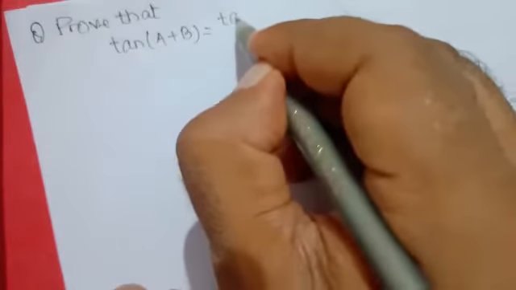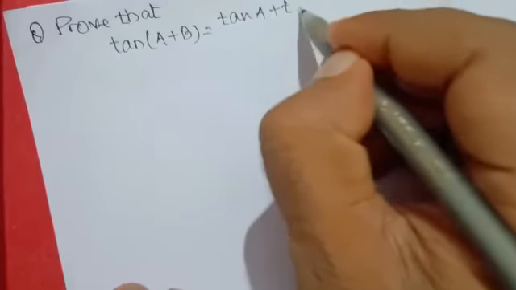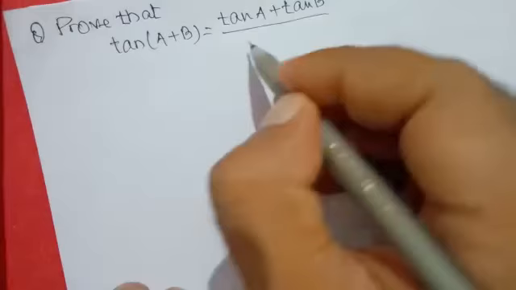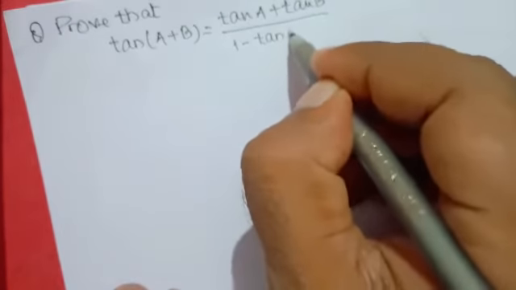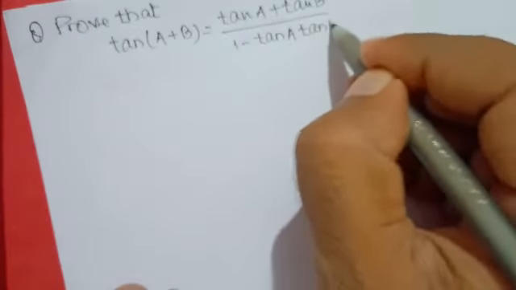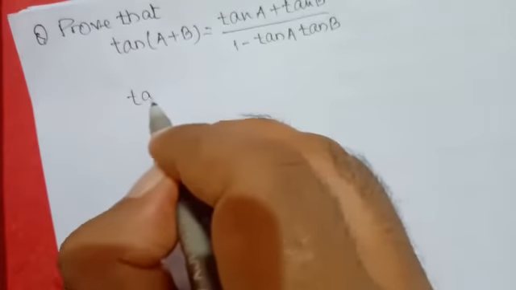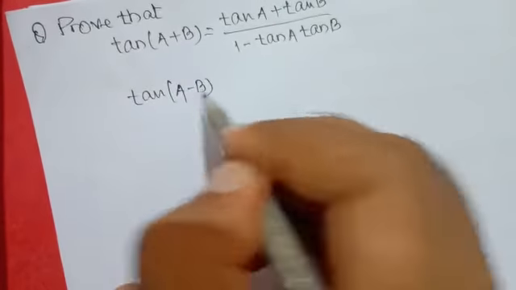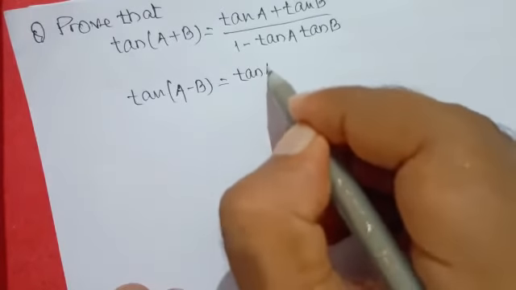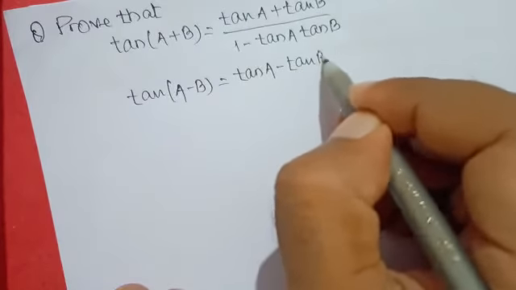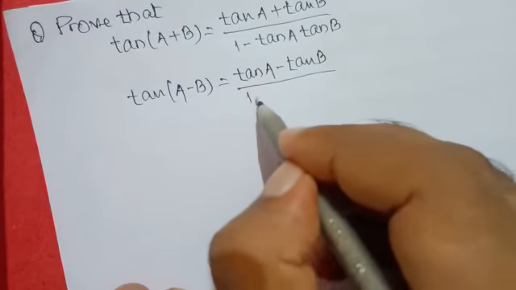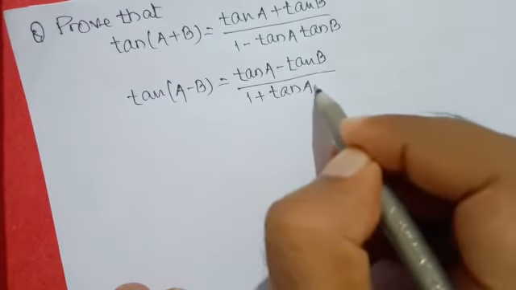See another very important formula. Prove that tan(A + B) is equal to (tan A + tan B) divided by (1 − tan A tan B), and the second one is tan(A − B) is equal to (tan A − tan B) upon (1 + tan A tan B).